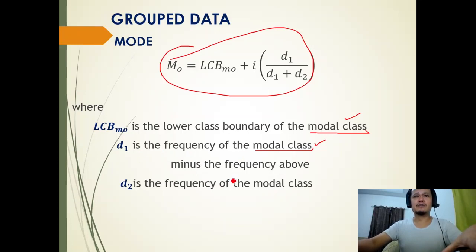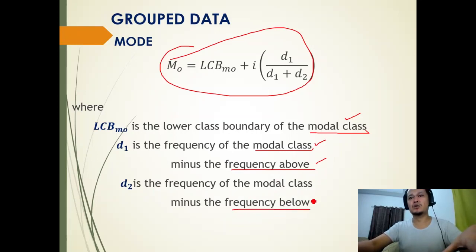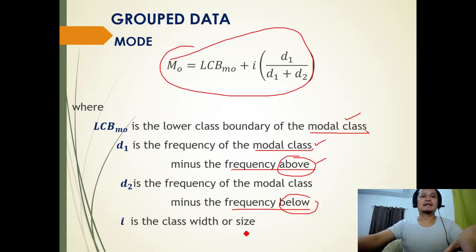D1 is the frequency of the modal class minus the frequency above of that class. D2 is the frequency of the modal class minus the frequency below that modal class. So D1 is above minus above, D2 is minus below. I is the class width or size.